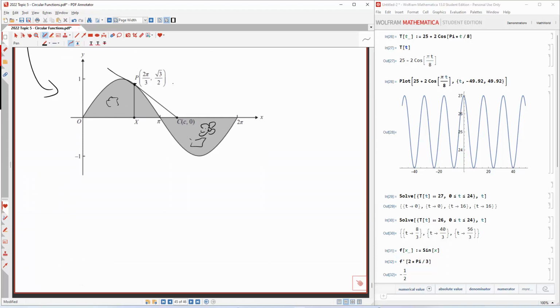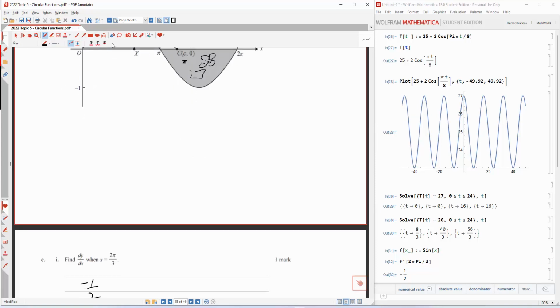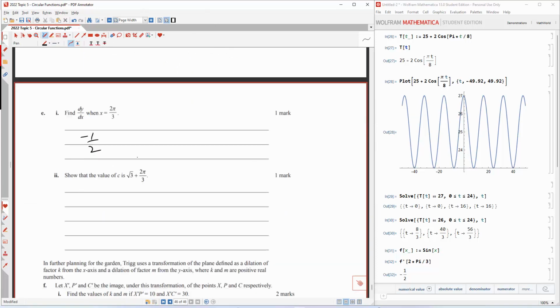So all right, what we know is the gradient of this line m is equal to negative a half. We know it's got this value here, x, y, and we know it's got this coordinate here, x, y. So this is the only unknown value. So what we'll do with this one is we'll say that there's a way of writing an equation of tangent, which is y take y1 equals m, x take x1. Now we know that m is negative a half.